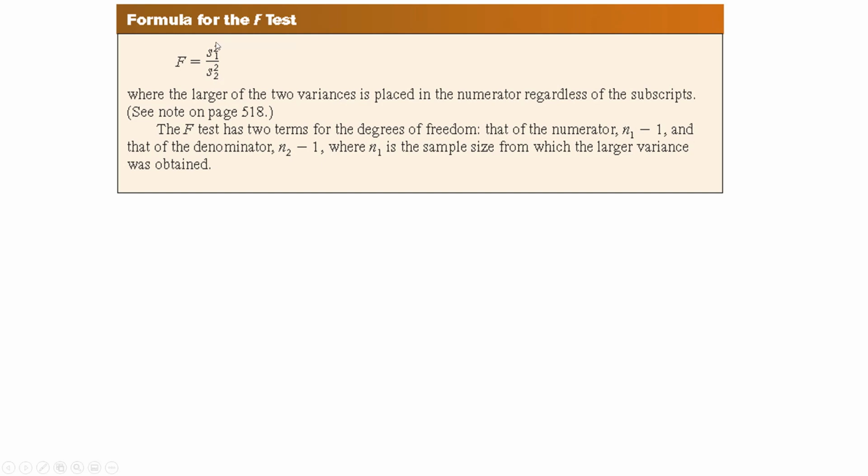So take note, your numerator here should always be greater than the denominator. The F test has two terms of degrees of freedom, that of the numerator, n sub 1 minus 1, and of the denominator, n sub 2 minus 1, where n sub 1 is the sample size from which the larger variance was obtained.